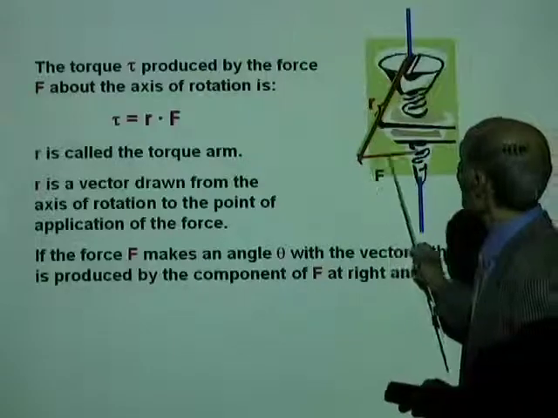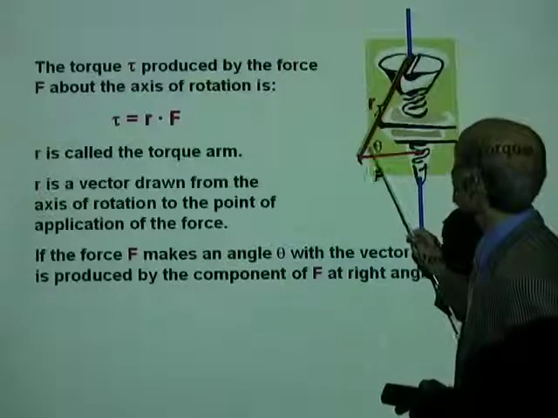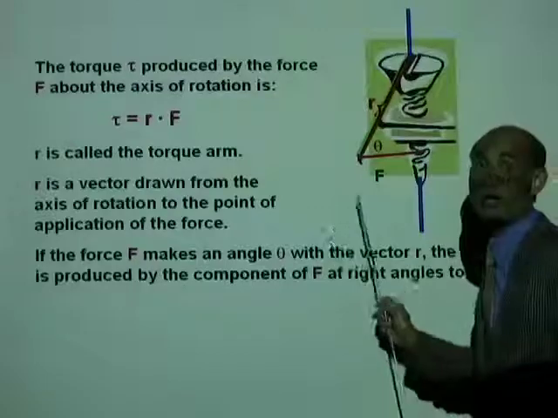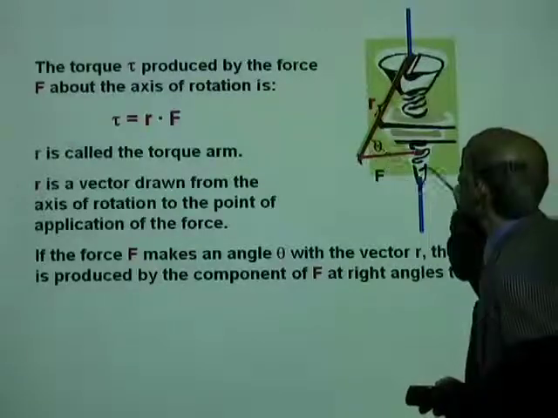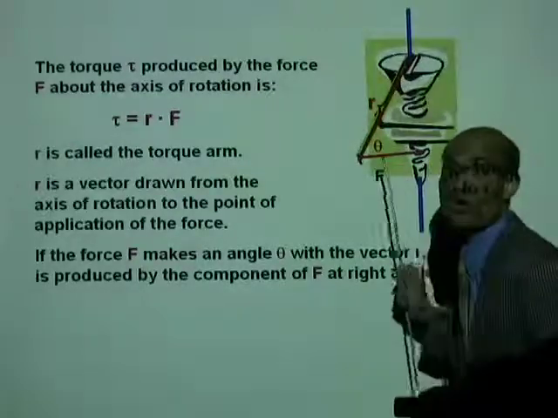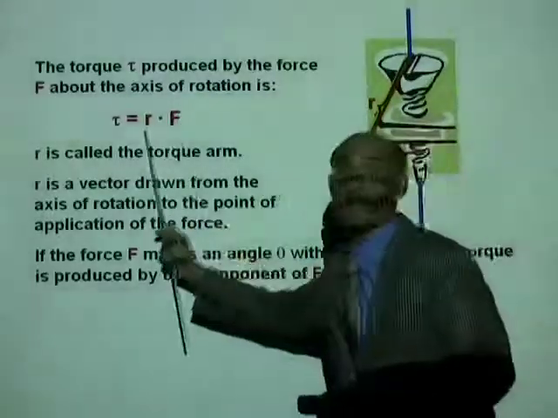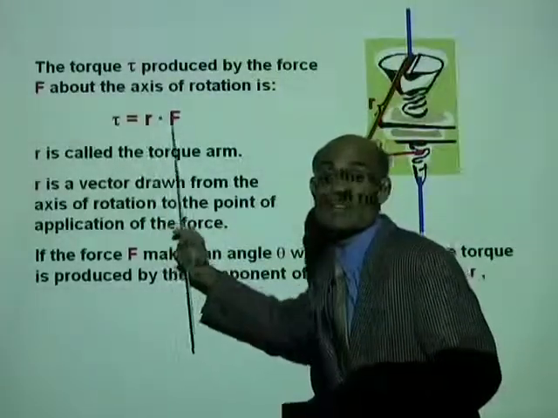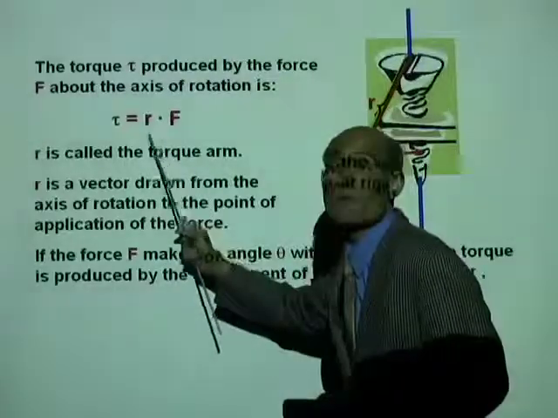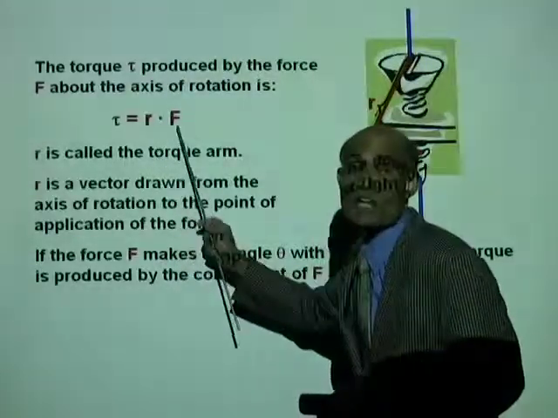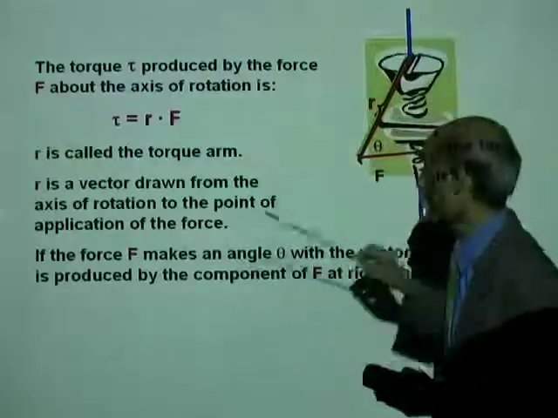Now, if this force now makes an angle theta with the vector r, then you can see this r is no longer perpendicular to the force. Now, in order that this definition may be true, r and F have to be at right angles.